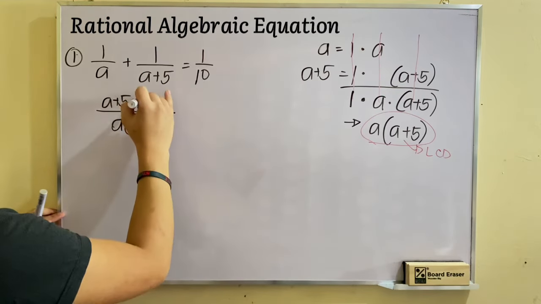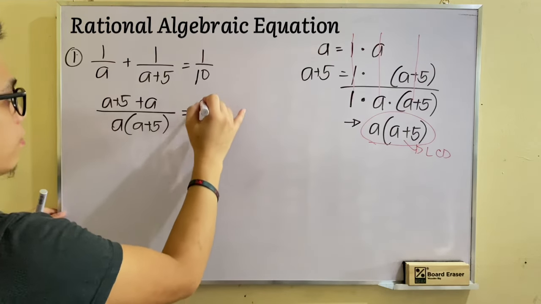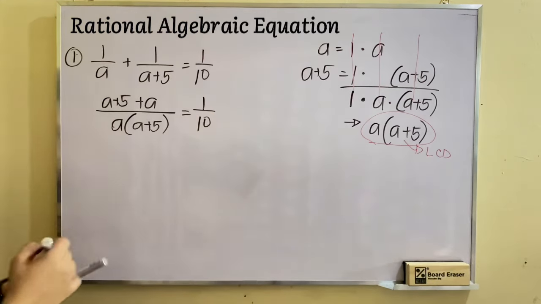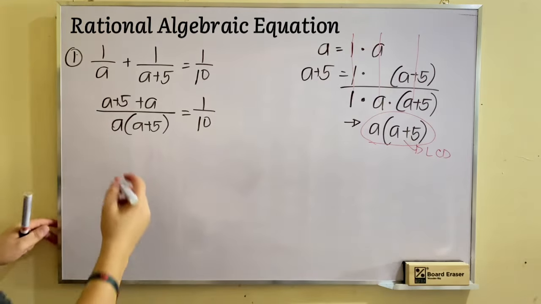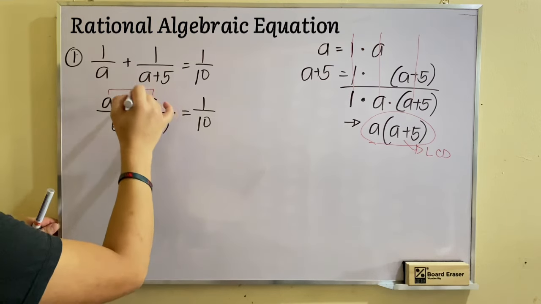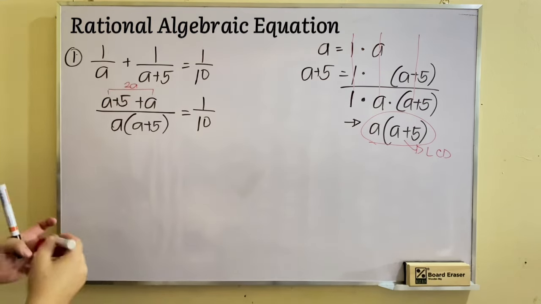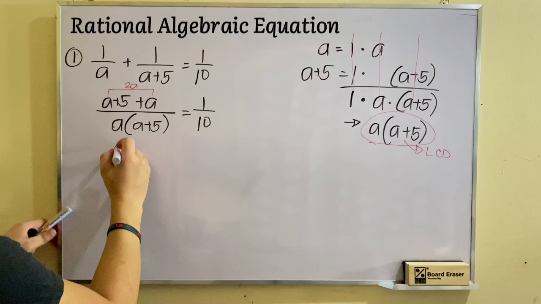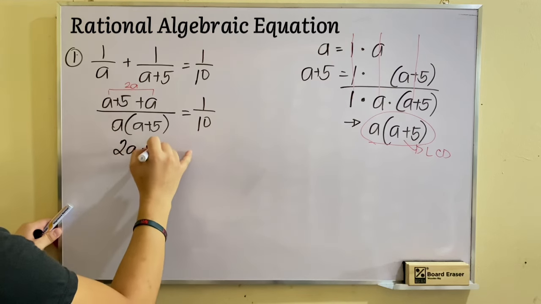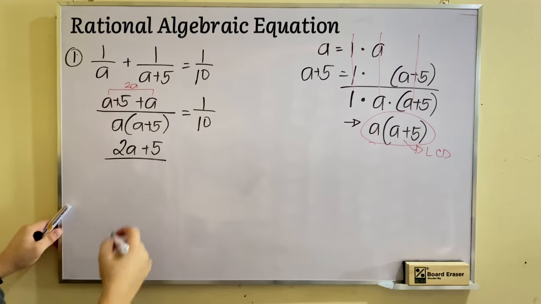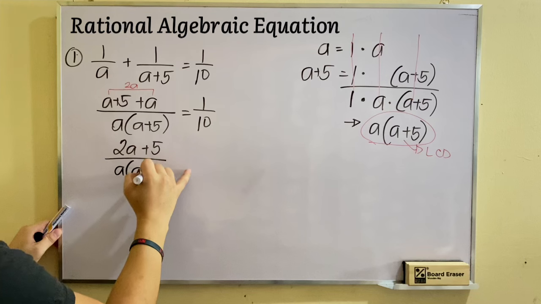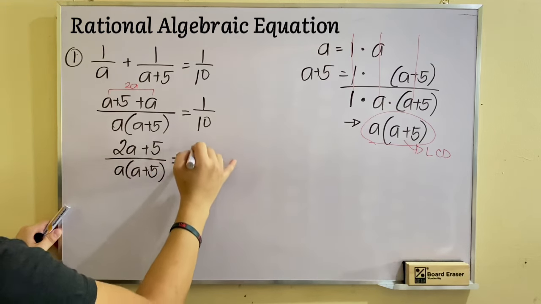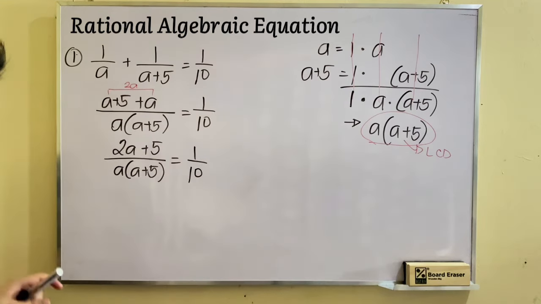Times positive 1, positive a. Equals 1 over 10. Next, so a plus a is 2a. So 2a plus 5 divided by a times a plus 5 is equal to 1 over 10.